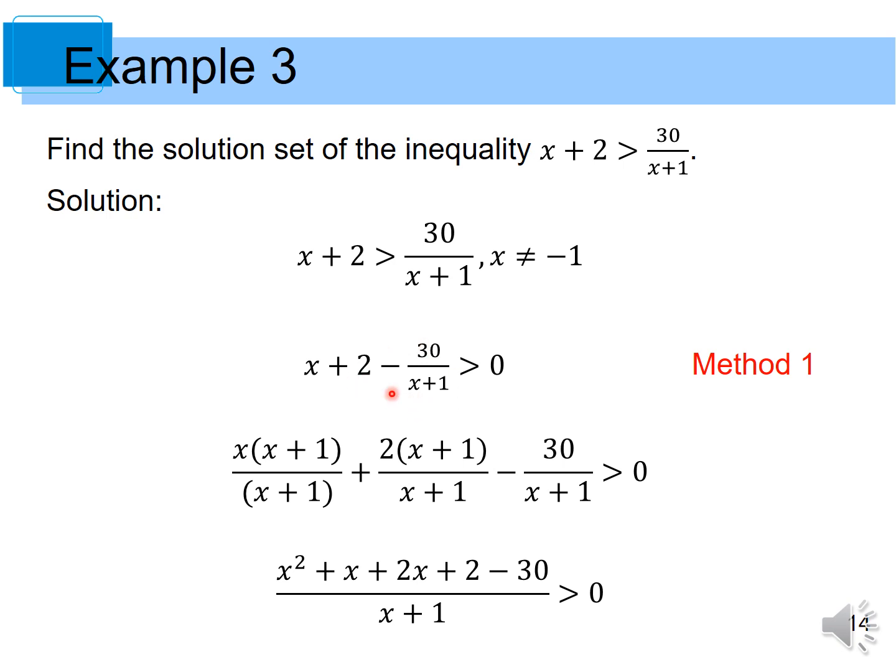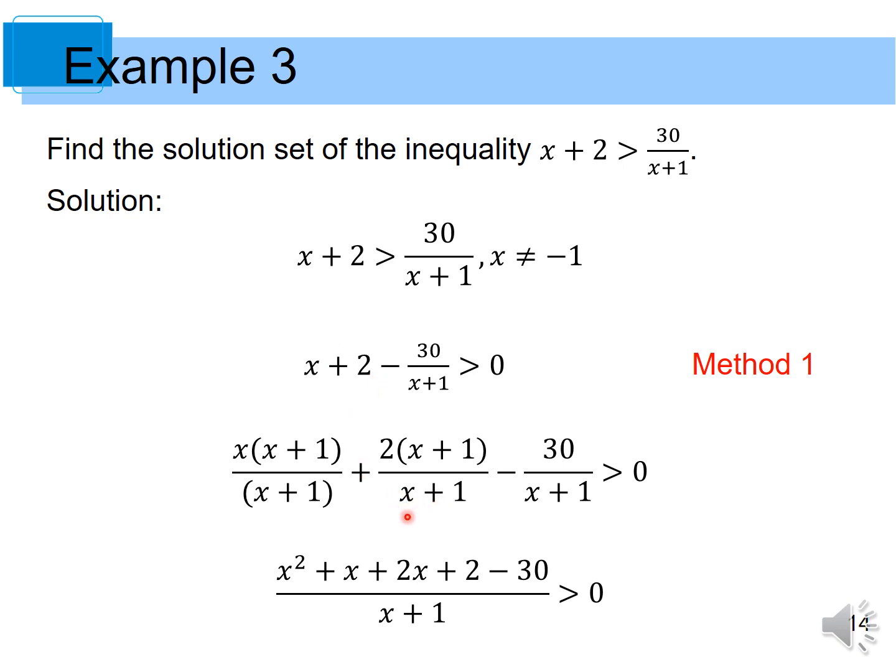And we group the whole thing into one fraction. For the x plus 2, we multiply by the x plus 1. For example, we have x multiplied by x plus 1 over x plus 1. And same for the 2, the second term.